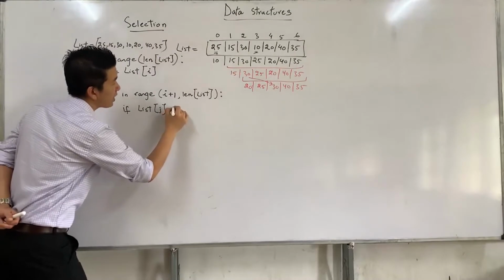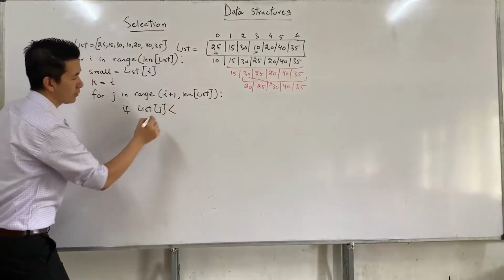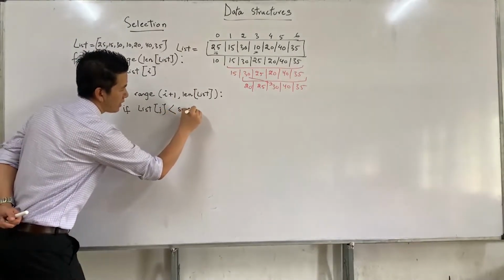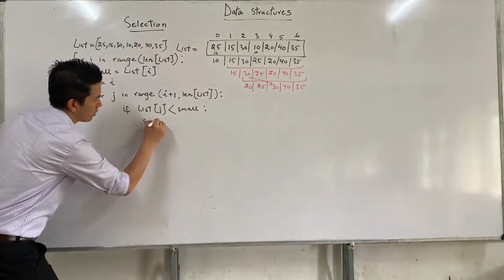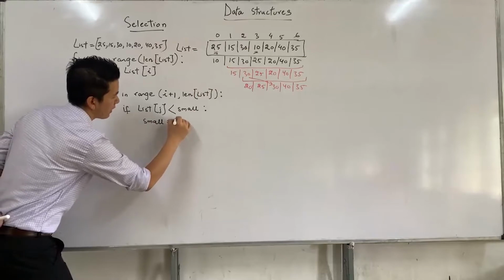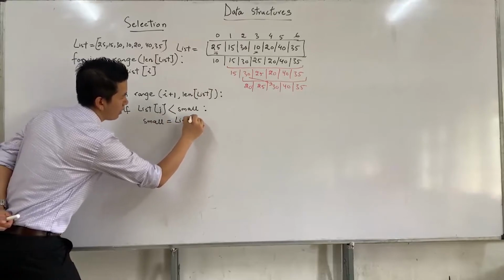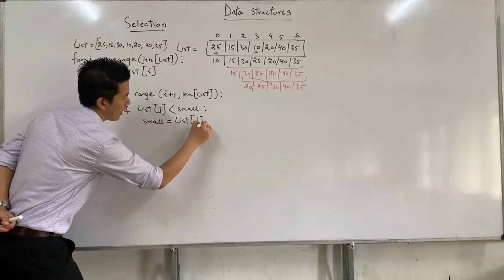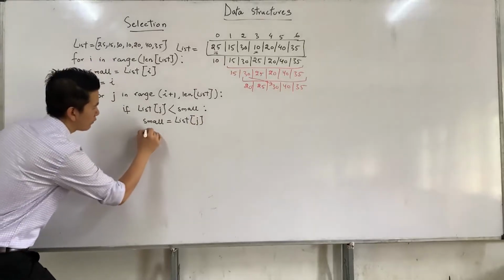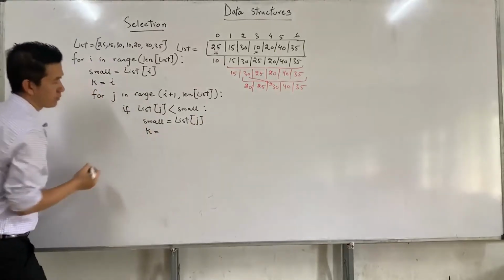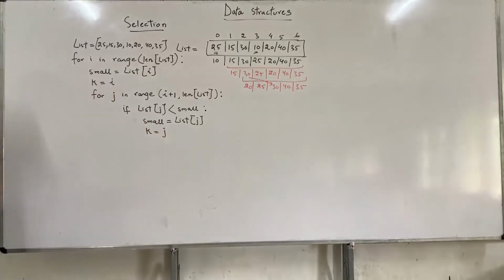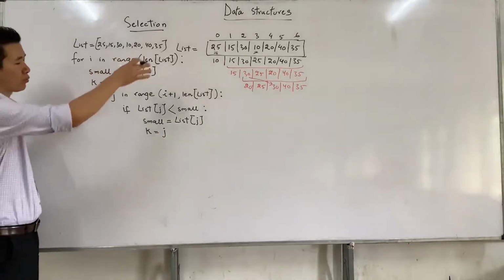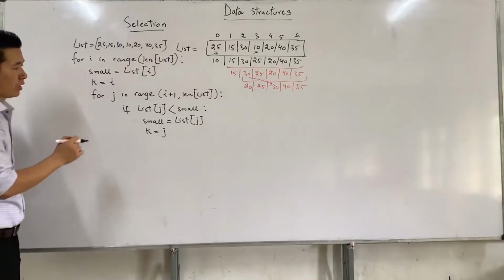If 15 is less than small, if it's less than small, then in small I should be assigning the value of list of j, and then I have to record the value of j in k. Okay, so we'll try to understand the program till this point.